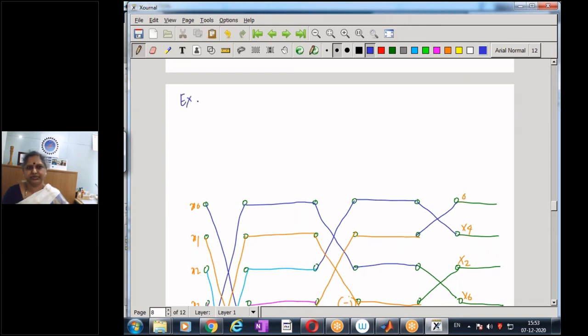Say the example is to compute the 8-point decimation in frequency FFT of a sequence x(n) which is obtained by sampling the signal, say cos 2 pi t plus sine 4 pi t, using a sampling interval of T equal to 1 by 8, or a sampling frequency of fs equal to 8.